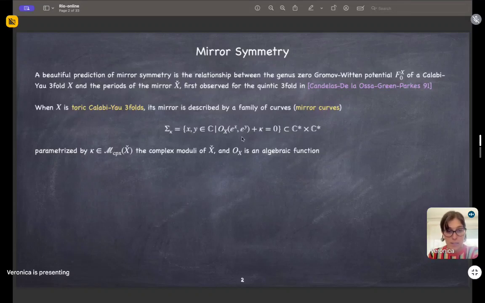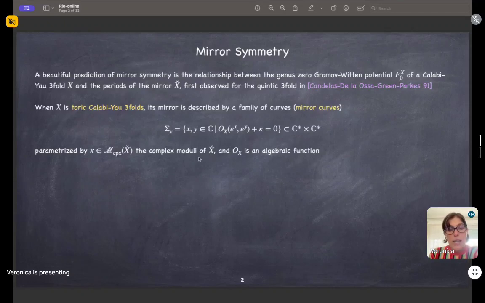They are curves in C* × C*, given by a function that I will denote O(x) in the C* coordinates e^x, e^y. Typically this function is a polynomial that you can read from the toric diagram of the threefold. It is a family parametrized by what I will call the kappa parameter, a parameter in the complex moduli of the mirror, meaning the moduli space that parameterizes complex structures on X check.